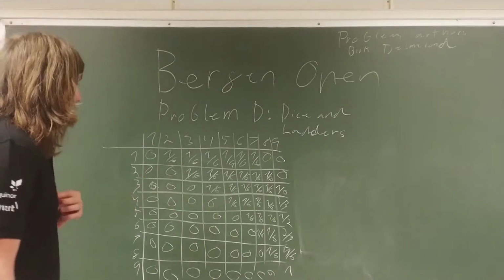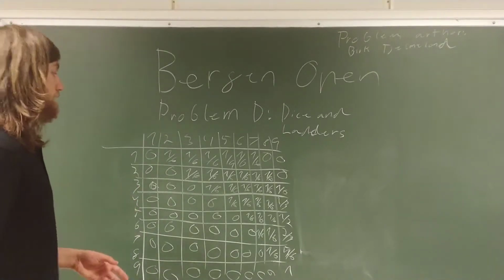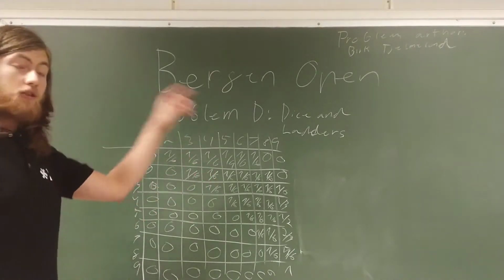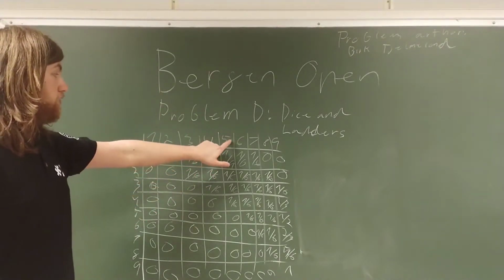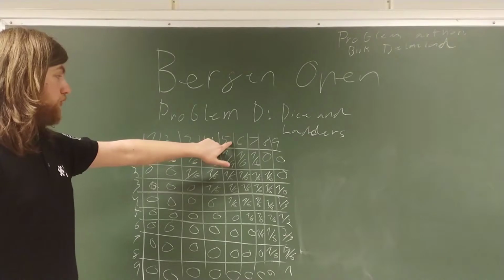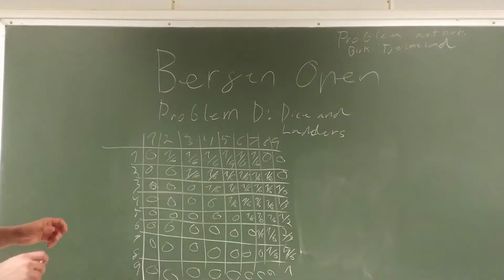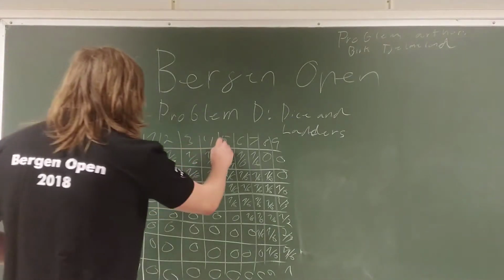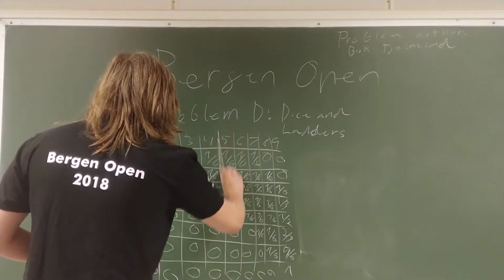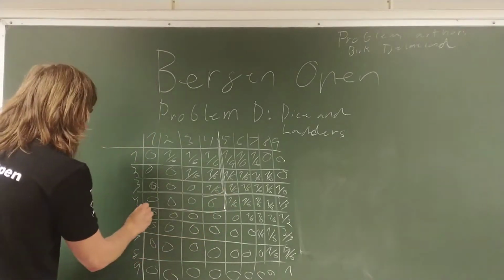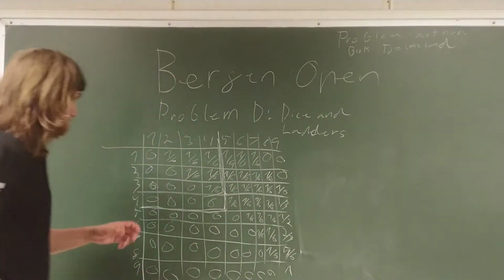We can simplify this because we will never need to move to any cell past 4, because it's impossible to go back. And so we only need to look at this submatrix here.